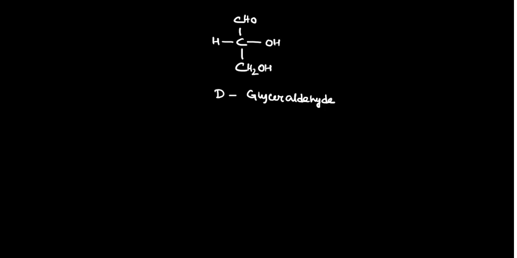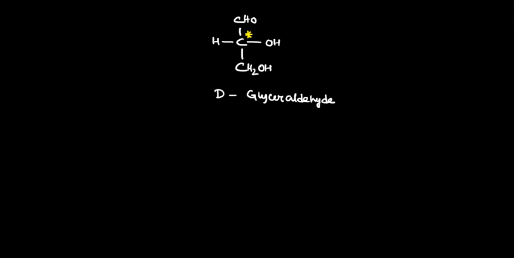Okay, now have a look at this. Why is this named as a D? Here have a look. If you are going to look vertically, if we just mark the central carbon, it's a chiral one. So we are showing that with an asterisk sign. It's a chiral center, or a chiral carbon, or an asymmetric carbon, right? Now here vertically at the top CH2 group is there. Vertically at the bottom CH2 group is there.